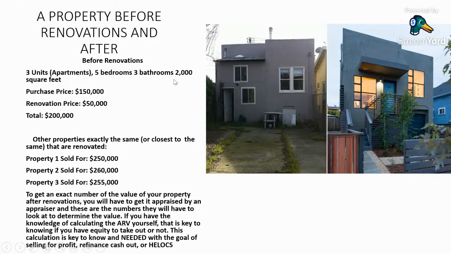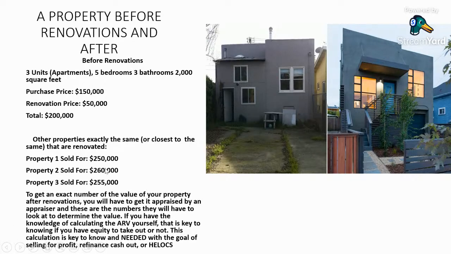That's not too much of a difference. That doesn't matter. That's what I meant earlier about certain differences; they don't really affect it. But it has 5 bedrooms and 3 bathrooms. That's important, because if it had fewer bathrooms and fewer bedrooms, then the value would be less. But this is almost the same thing. So these almost the same properties sold for these prices, right?